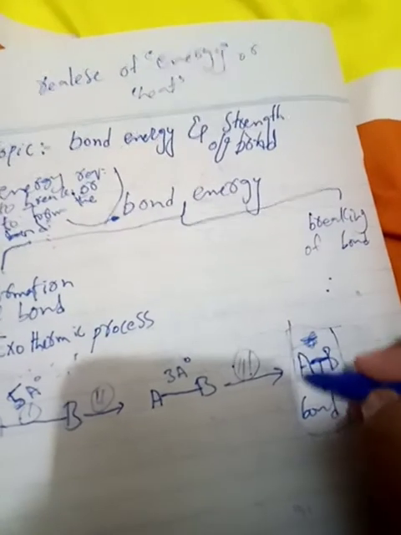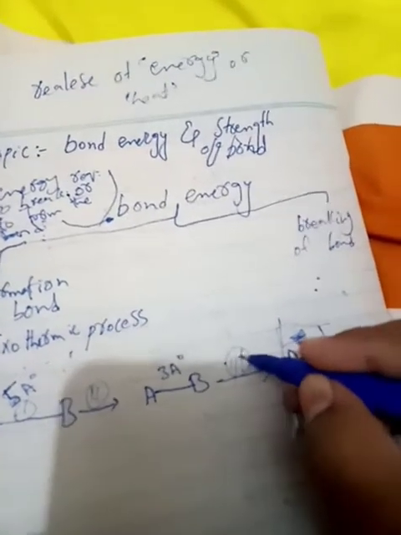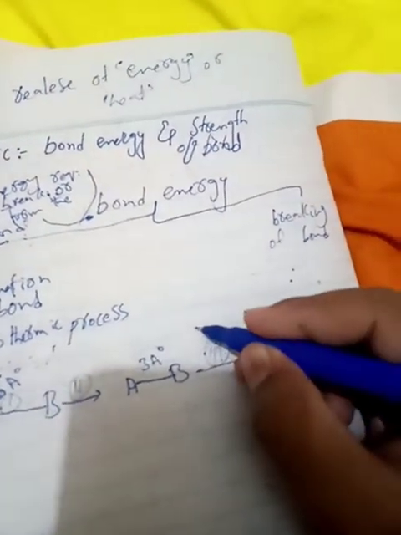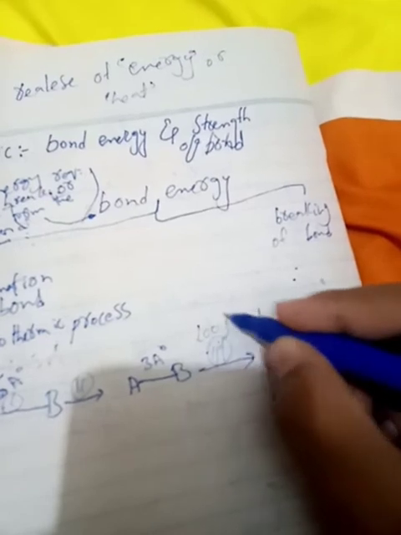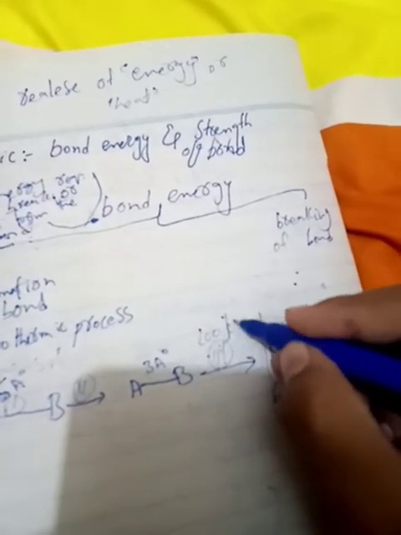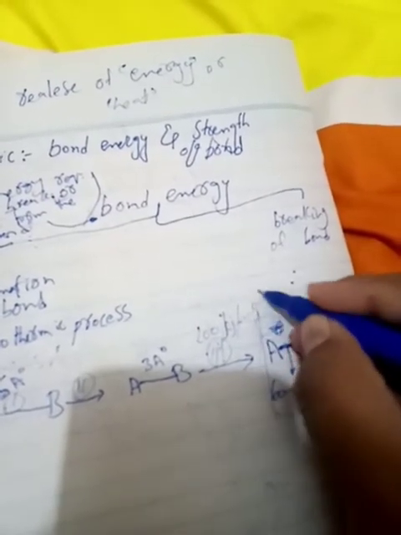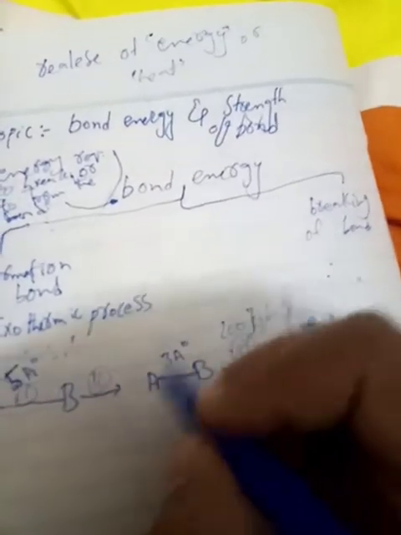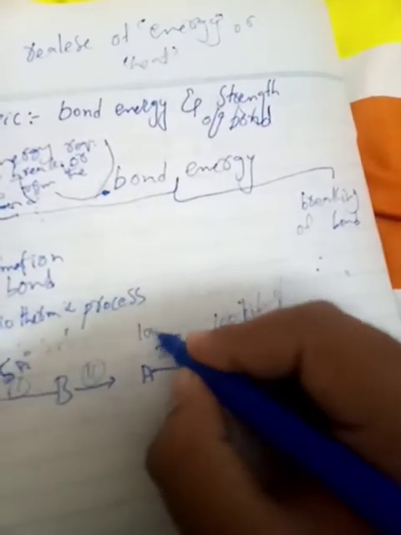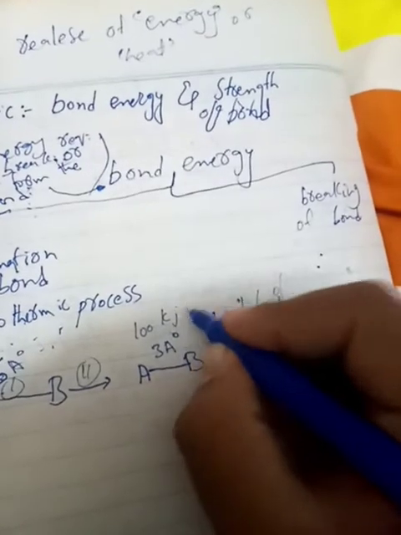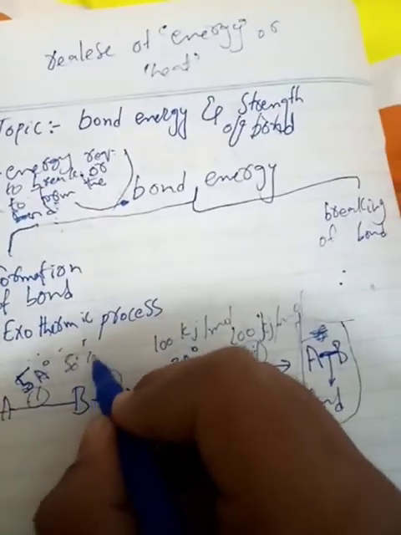By giving this energy, for example, this energy was 200 kilojoule per mole, this energy was 100 kilojoule per mole, and this was 50 kilojoule per mole.